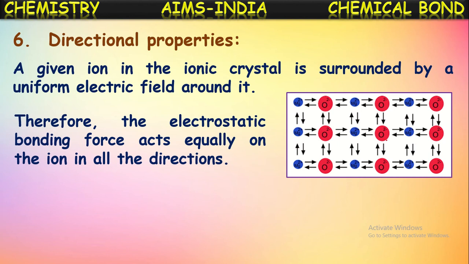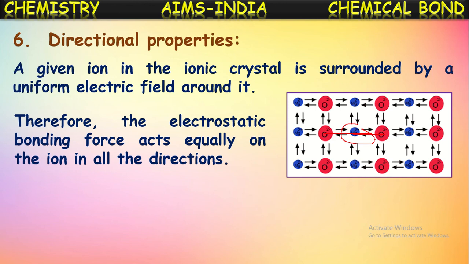But single magnesium and single oxygen won't combine to form a magnesium oxide molecule. What happens here? So many magnesium ions and so many oxide ions will be held together. Each ion will be held by a number of oppositely charged ions. If we see oxygen from this side, oxygen from this side, in this way from all the directions, oppositely charged ions will be held tightly.